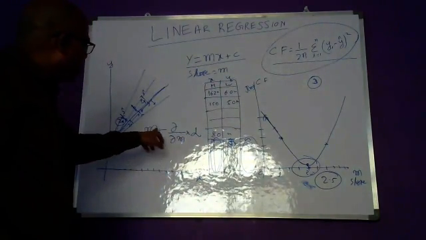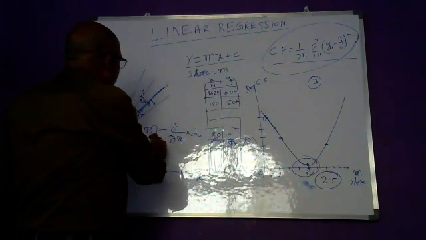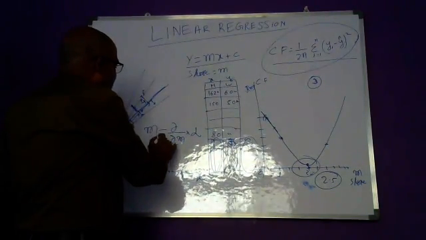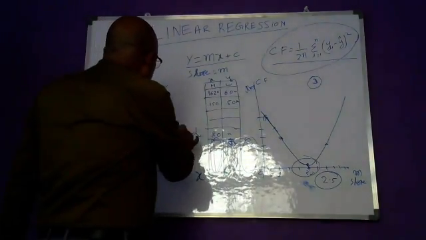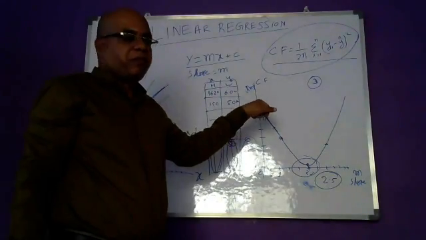M is the slope, and dou by dou m is the partial differentiation with respect to the cost function that we have to do.